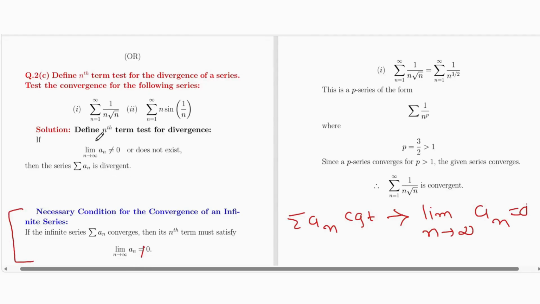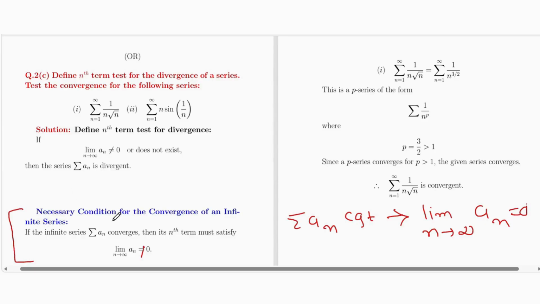So nth term test for divergence is nothing but the necessary condition for the convergence, but this one is written in another way. If limit n tends to infinity an is not equal to 0 or does not exist, then the series an is a divergent series.